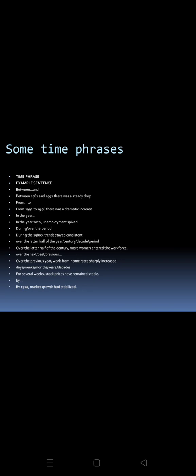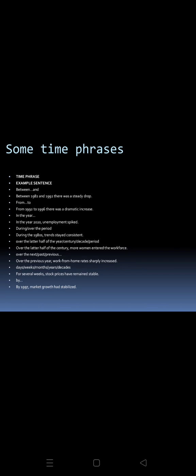Decade means 10 years. So, over the latter half of the century, more women entered the workforce. Over the past or previous year, work from home rates sharply increased.